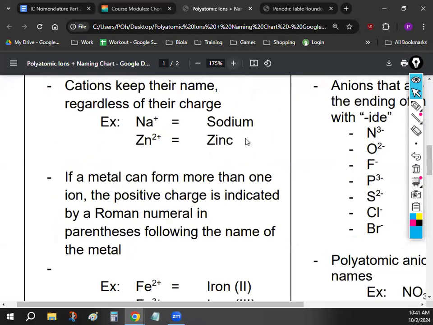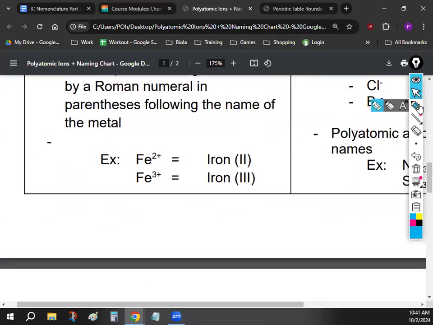Okay, so if we take a look at this rule right here. So for example, if you have iron that's +2, you have to write iron, parentheses, and Roman numeral 2. If it's iron +3, you write iron, parentheses, Roman numeral 3. And that's pretty much it. You're just adding these parentheses with the charge on the inside. Yeah, so you write 1.